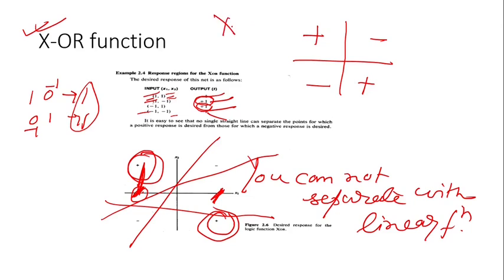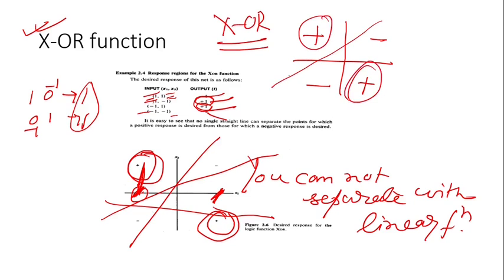In case of XOR, you cannot have a straight line which will separate it. If you put a straight line over here, then one plus will come and one plus will remain here, right? This is the problem with linear separability. So the XOR function cannot be solved with the simple linear separability concept. It is not linearly separable using a simple neural network. That is the intention.